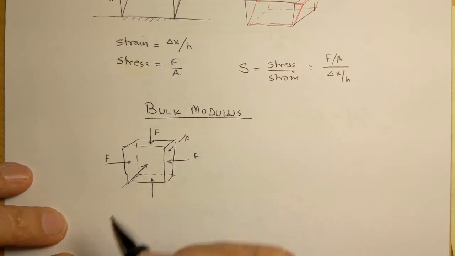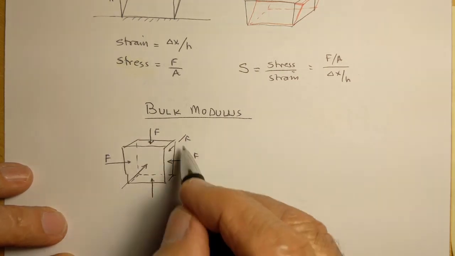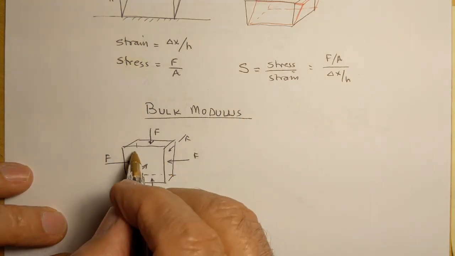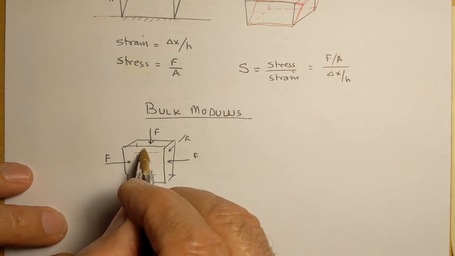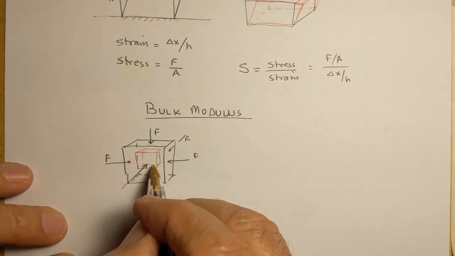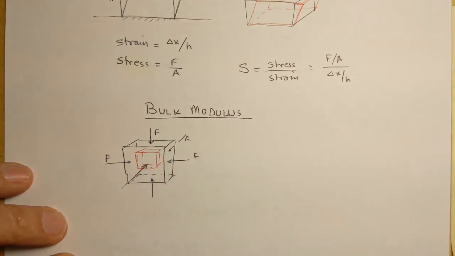Then it's pushed equally from all sides, and the result would be that if the forces are strong enough, this object would become smaller. Well, maybe not so small, but could be, depends on the bulk modulus.